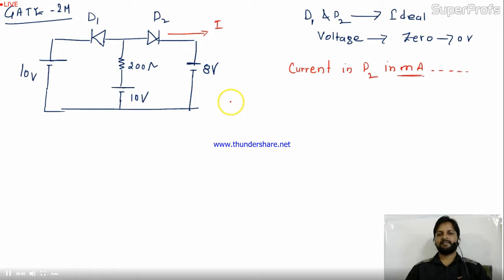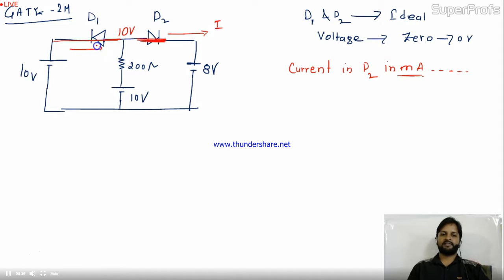In the last class I told you the method. If you are given diodes, the first step is to assume them short circuited. Here we have D1 and D2, and we are going to assume these 2 diodes short circuited, which means they are working in forward bias. Once you short circuit the diode D1, this 10 volt of the battery will come over this node.